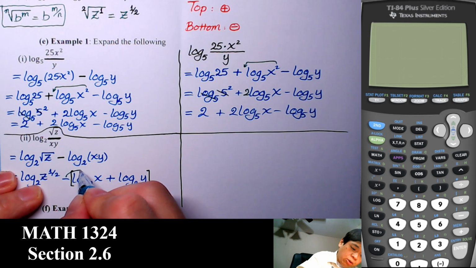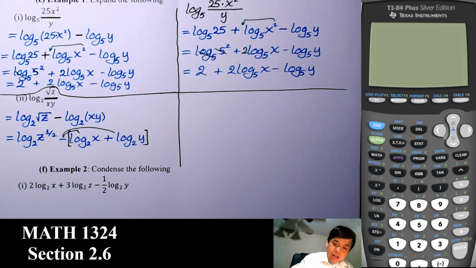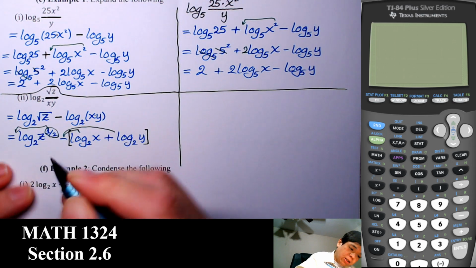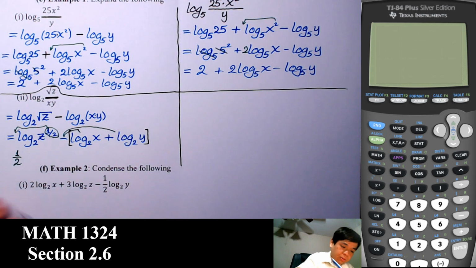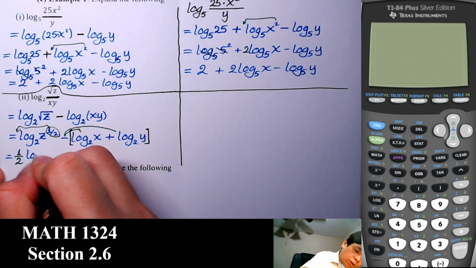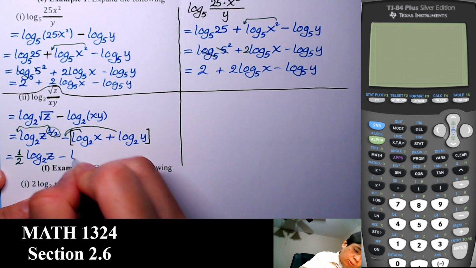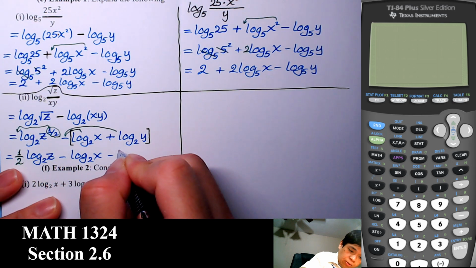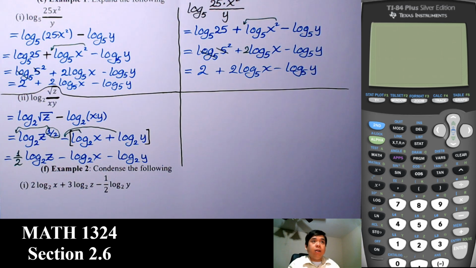And we need to distribute negative to both terms here, and then the 1/2 exponent I can write outside. So that's how we do it.